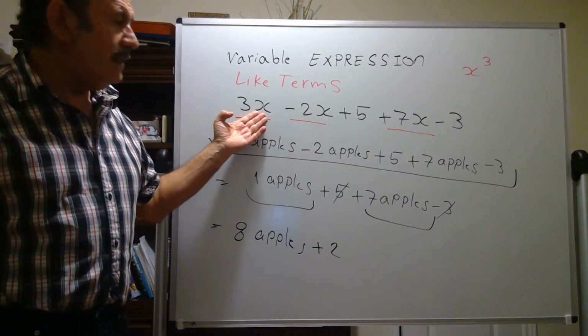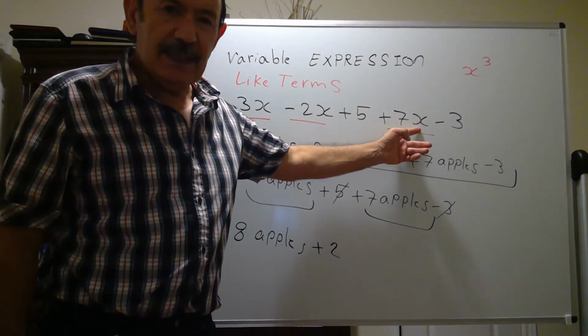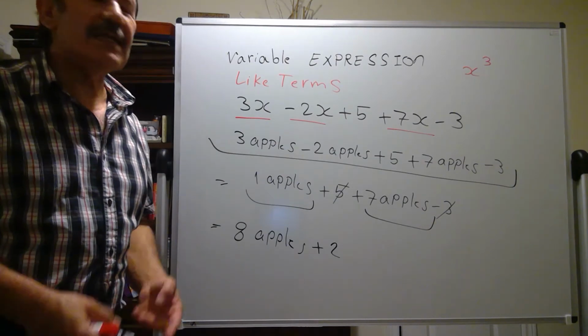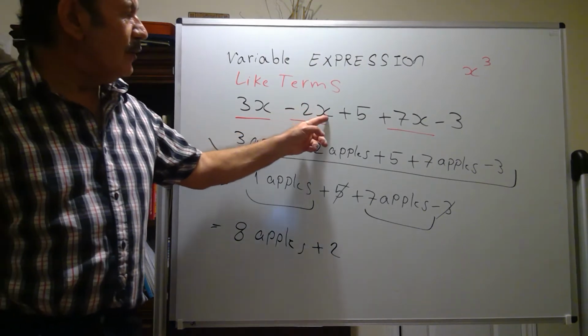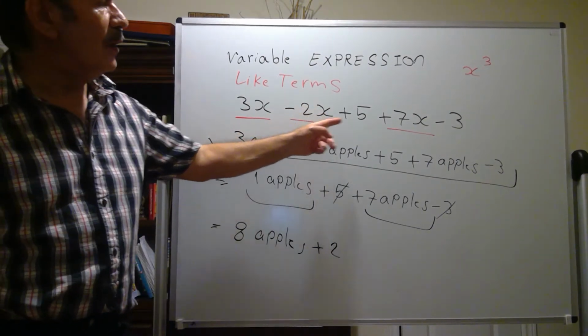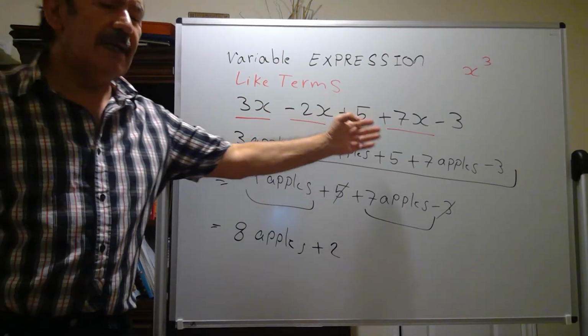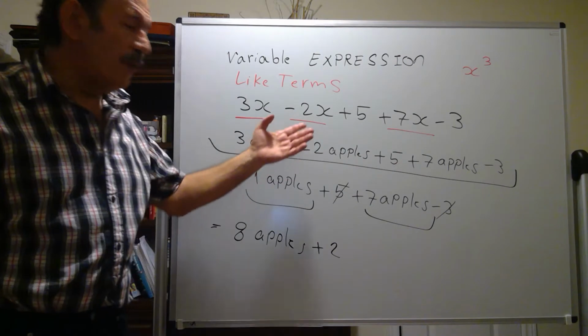In this one the base is x, in this one the base is x, in this one the base is x. They should have the same base with the same exponent. The exponent of each of these three terms is 1.